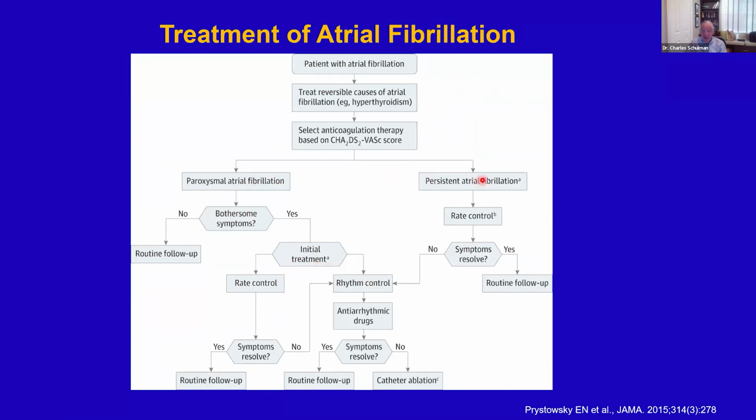If the patient has persistent AFib, think about rate control. If their symptoms resolve, routine follow-up. If the symptoms don't resolve, adopt a rhythm control strategy, either with drugs or with catheter ablation. So we'll see.